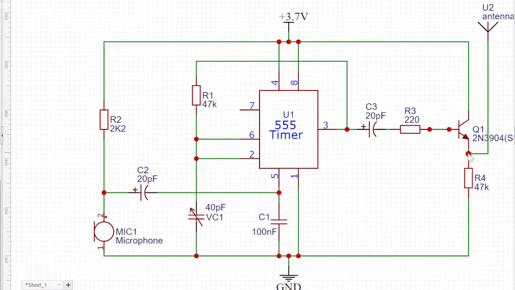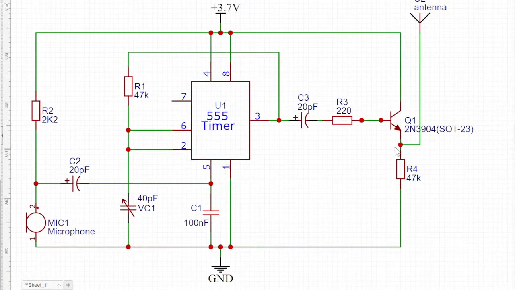We want this to be 1.85. Yeah. So maybe we'll have to do another tutorial on transistor biasing and we can explain that better.